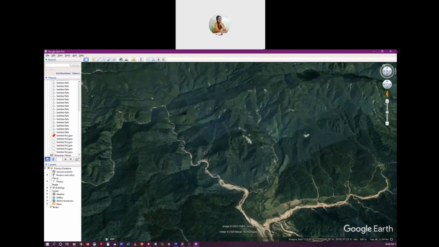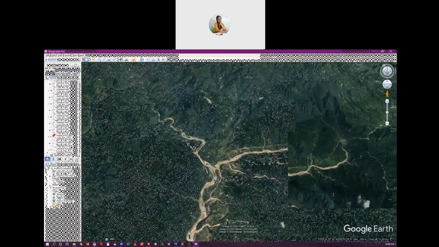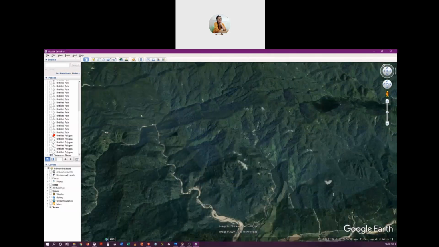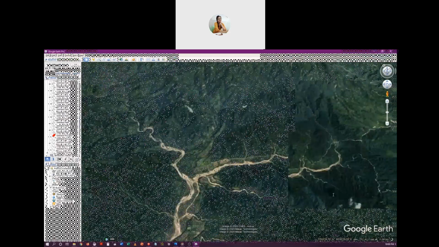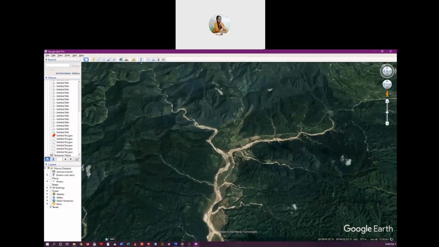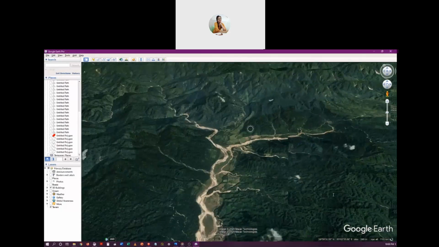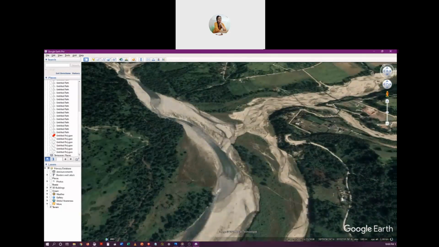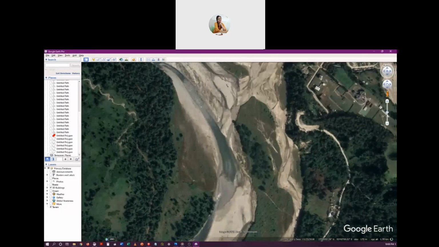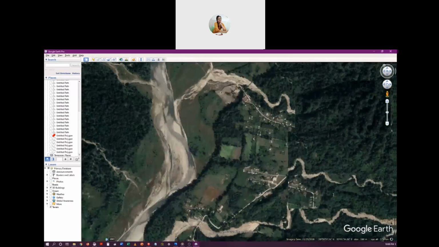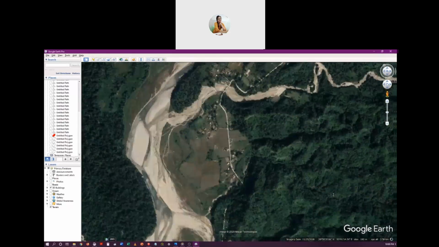As you can see, as we move upstream, the nearby areas become more occupied by mountains. If we construct a divergent headwork at this location, the problem would be to carry the water to these locations, because we'd have to cross lots of natural barriers.